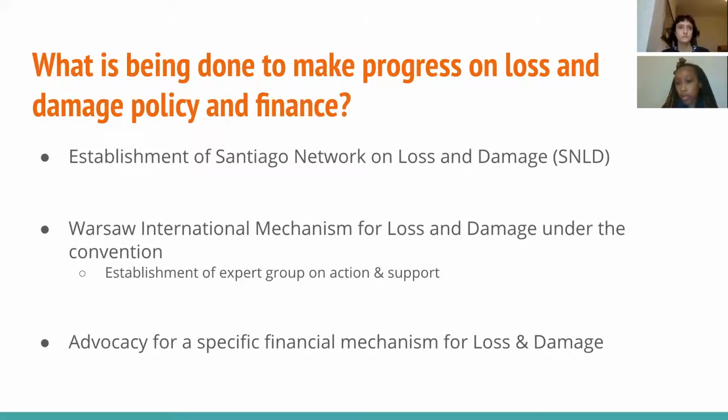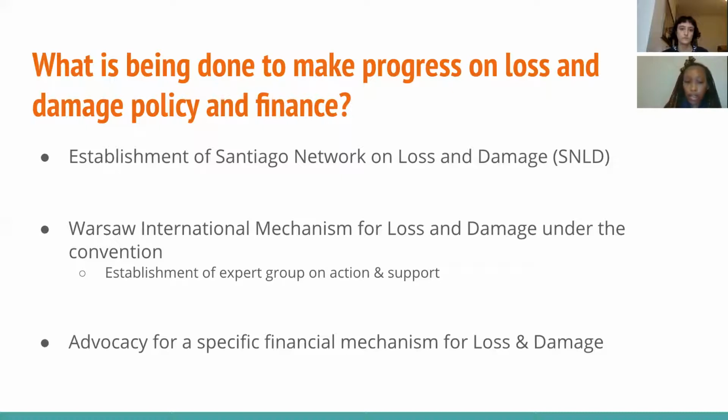The WIM was a great initiative, but there is a gap, which is in the implementation on the ground for people affected by those disasters. And this is mainly due to the lack of finance. This led to the establishment of the Santiago Network. The purpose of the Santiago Network is to create a window aiming to support vulnerable countries to respond to the climate crisis.